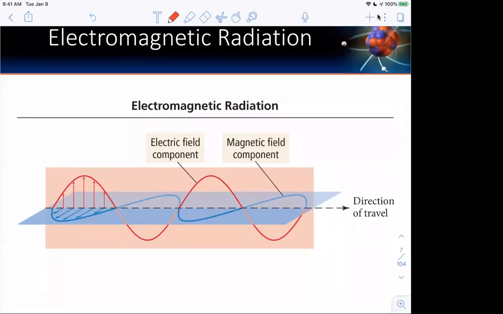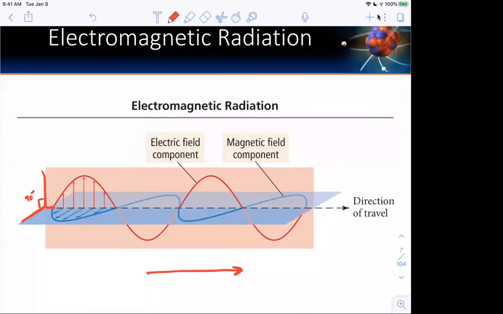This is what these waves look like. If my direction of travel is in this direction, I can look at the red line. Now notice this is perpendicular, right? So this is a 90-degree angle. And in the red plane, I have those red waves, which are going up and down and up and down, centered about some 0.